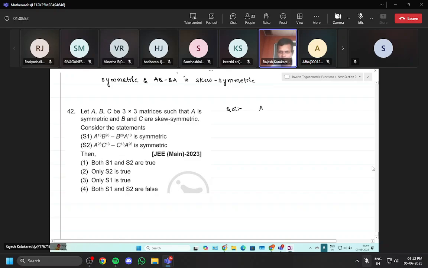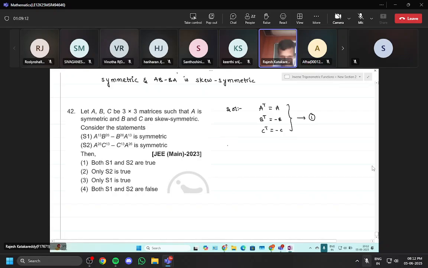So from the statement we write A transpose is A, B transpose is minus B, C transpose is minus C, using the definition of symmetric and skew symmetric matrices. Clear?